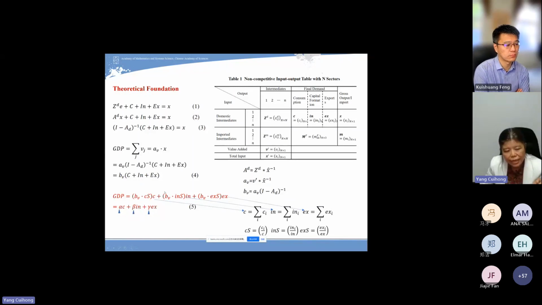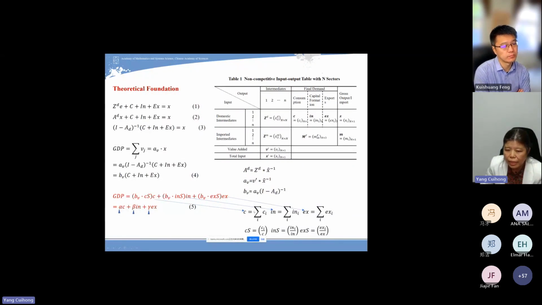Our basic idea is that we would like to identify the total value added coefficients of each final demand. So we define this as the structure: the share of consumption, the share of investment or capital formation, the share of exports, and C, IN, and X are the total consumption, total capital formation, and total exports.